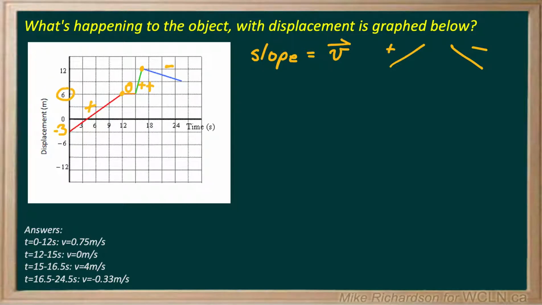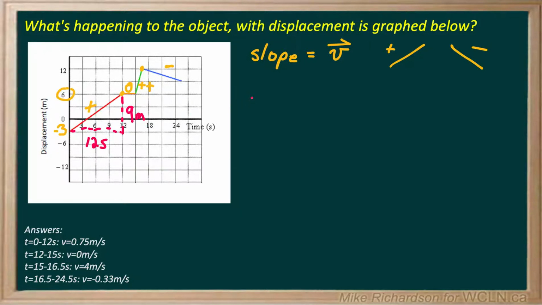Now to calculate the slopes in each region, we simply have to do rise over run. So in the first region, make it as big as you can to avoid any rounding errors. So in the first one, I go from -3 all the way up to 6. That's a rise of 9, and the units would be meters. And the run goes from 0 to 12, that would be 12 seconds.